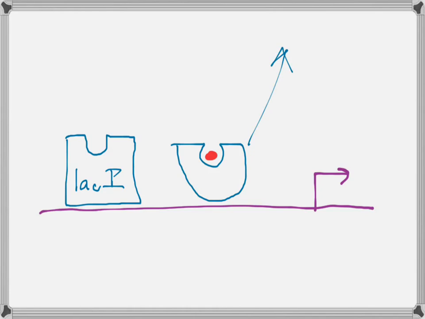So this would be gone, which would allow for transcription to occur. In essence, what we have here are two binary switches. One that is dependent on lactose and one that is dependent on glucose.